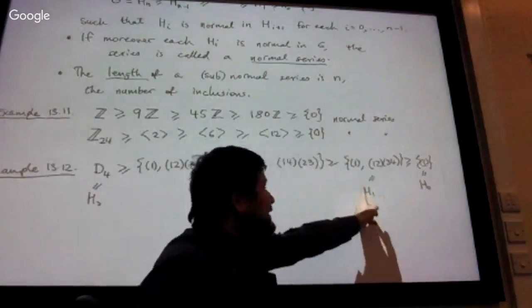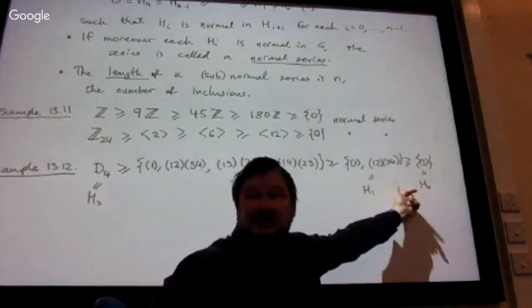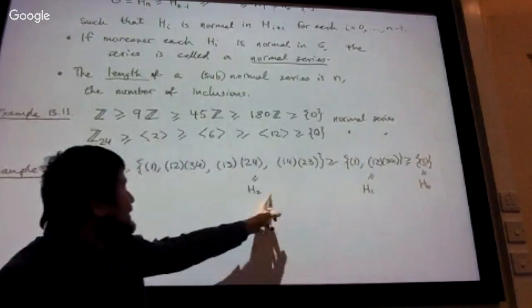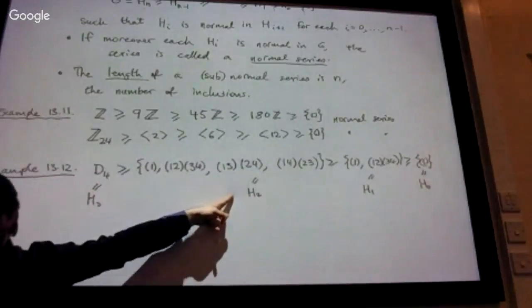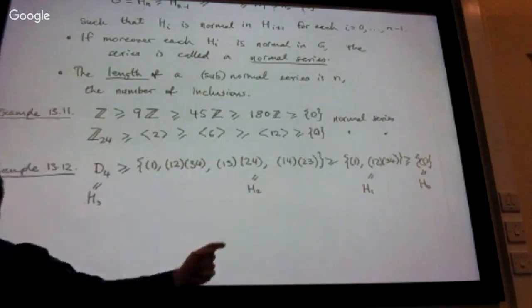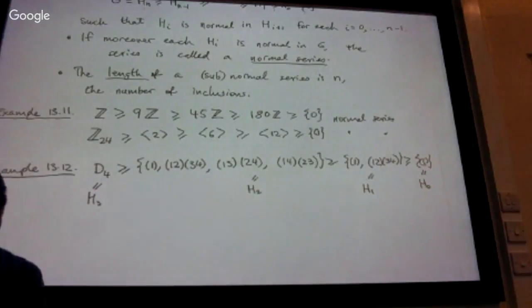H0 must be normal in H1. Well, the trivial subgroup is always normal in anything, so that's fine. H1 should be normal in H2. Can you see an obvious reason why H1 is normal in H2? Because it's index 2.